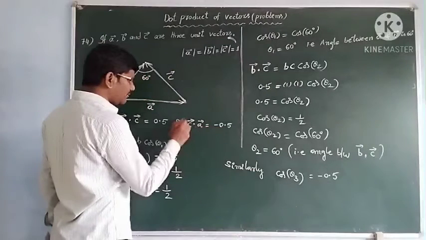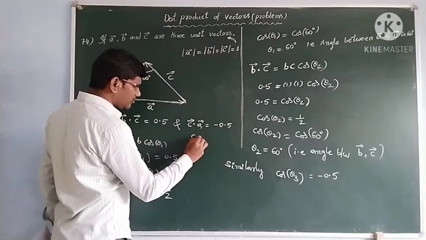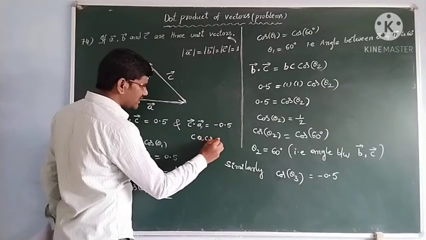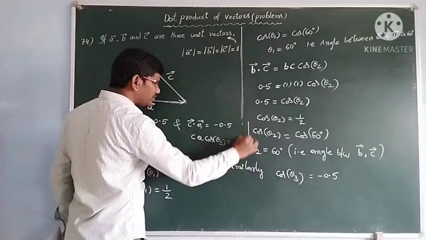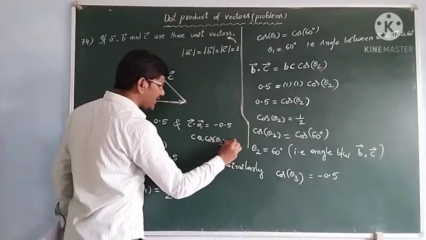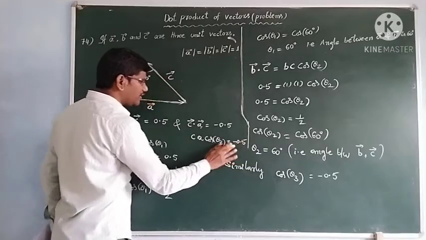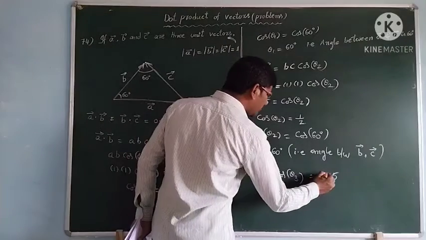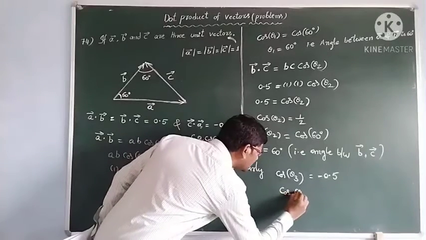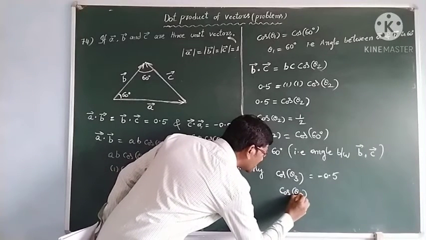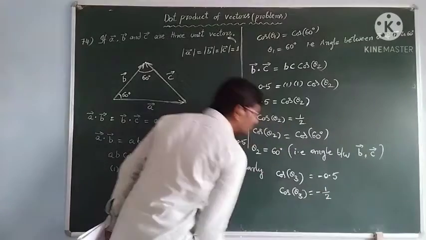So c bar dot a bar is equal to magnitude of first vector into magnitude of second vector into cosine of the angle between them, cos theta 3, that is equal to minus 0.5 we have. And that minus 0.5 we have written as minus 1 by 2. So cos of theta 3 is equal to minus 1 by 2.